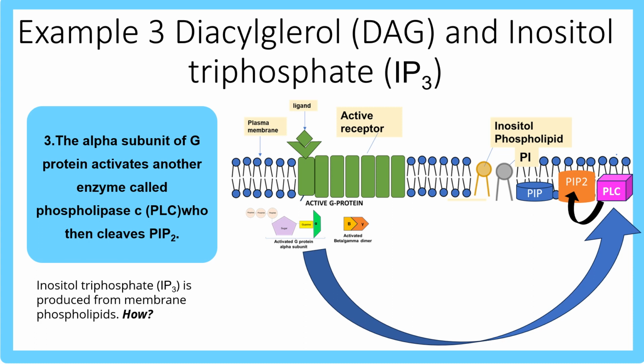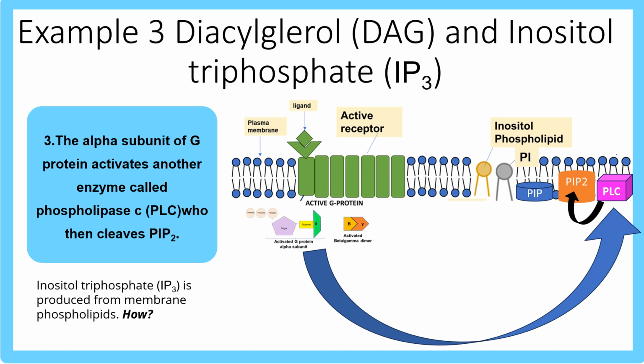Now, what happens is the alpha subunit of the G protein, so gentle reminder that the GPCR interacts with proteins called G protein. So when you have the ATP being joined onto the G protein, it activates it, and then it basically divides the G protein into an alpha subunit and a beta gamma dimer.